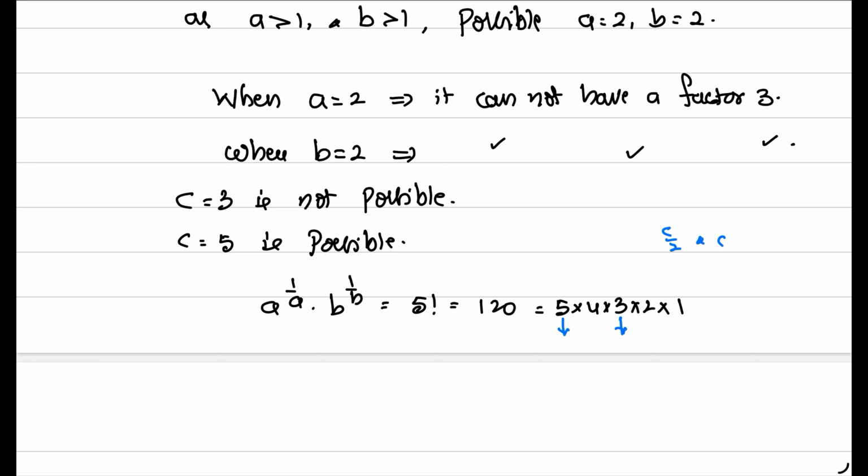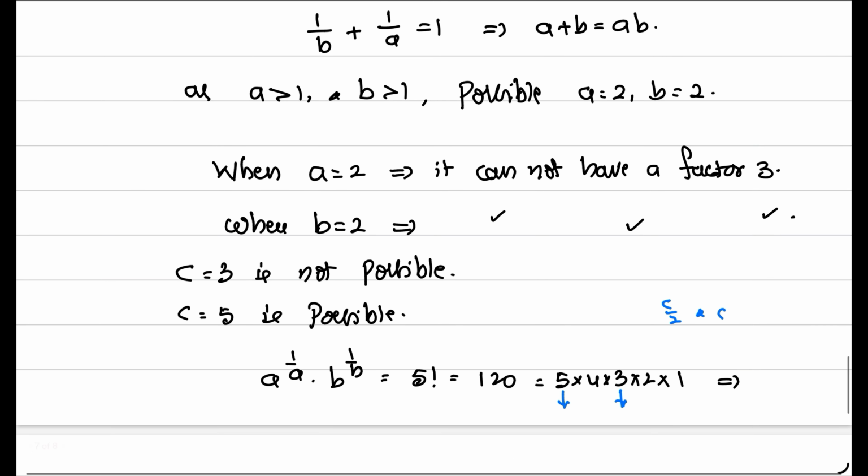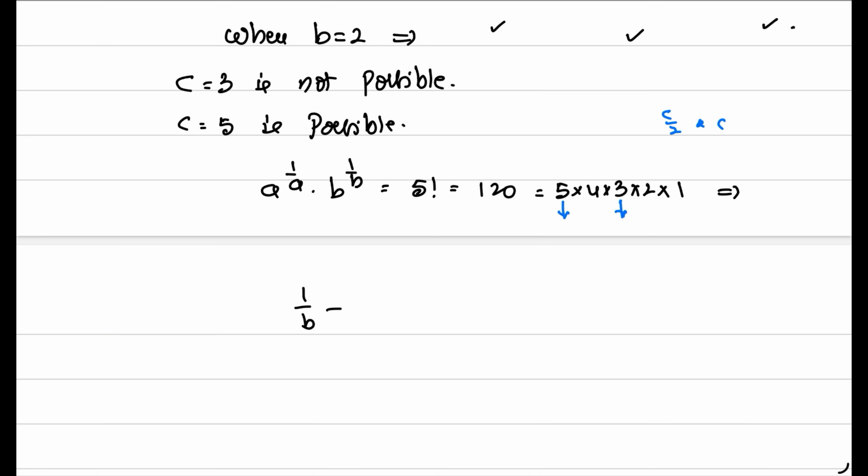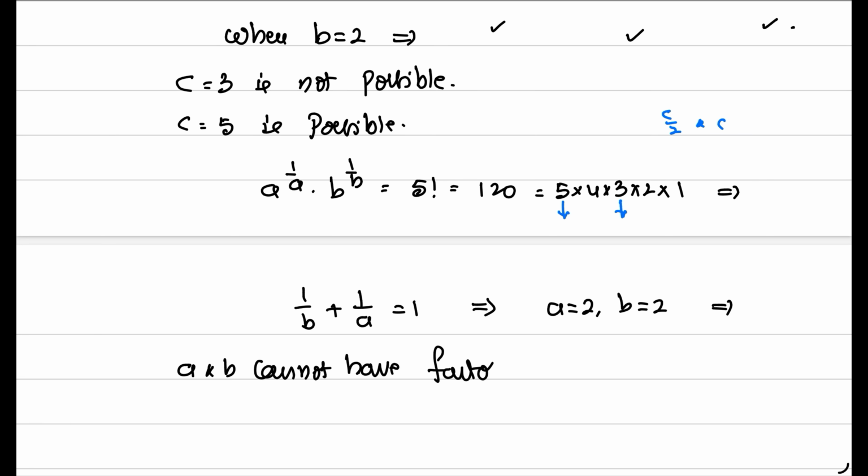Then this implies, from the principle 1 by B plus 1 by A is equal to 1, which we have derived already, it implies A is equal to 2 and B is equal to 2, which implies A and B cannot have factors greater than 2.